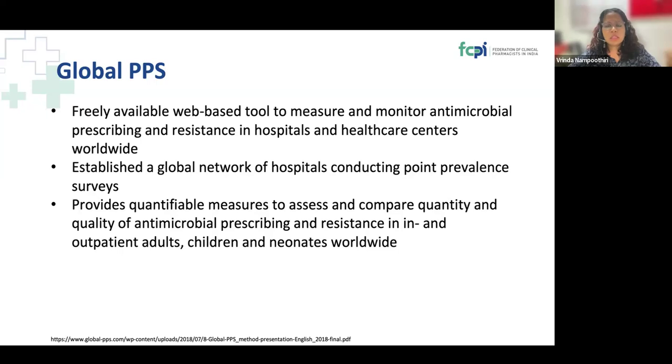And there are a lot of publications that have come out of this collaboration, and you can see various hospitals, various countries which have used the global PPS model to assess their antimicrobial prescribing patterns. It basically provides a quantifiable measure to assess and compare quantity and quality of antimicrobial prescribing and resistance both in the inpatient, outpatient, and in the various patient populations.